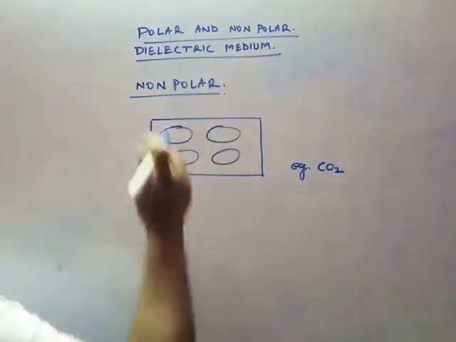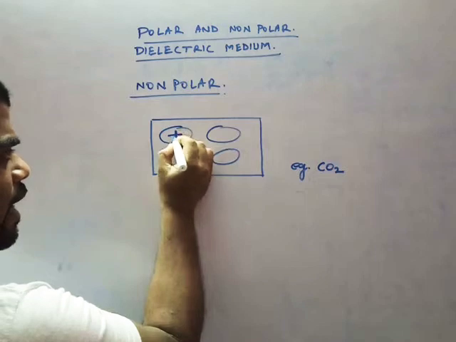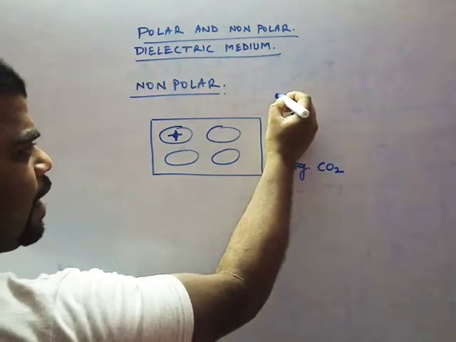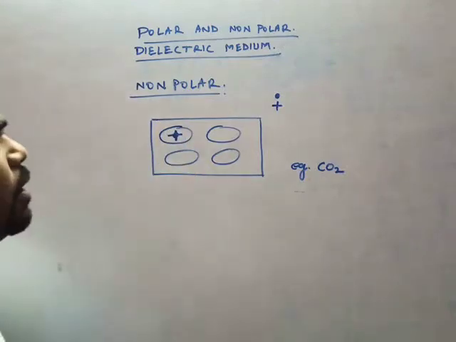What happens in the non-polar? There are positive and negative ions. Let me take a dot as negative and plus as positive.